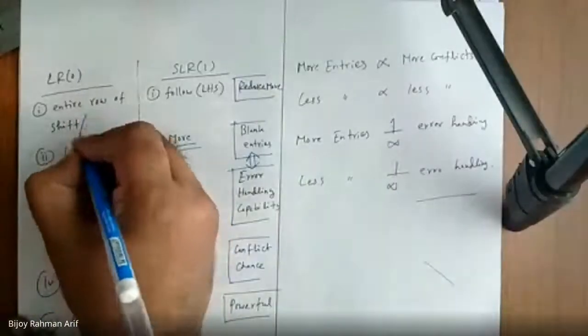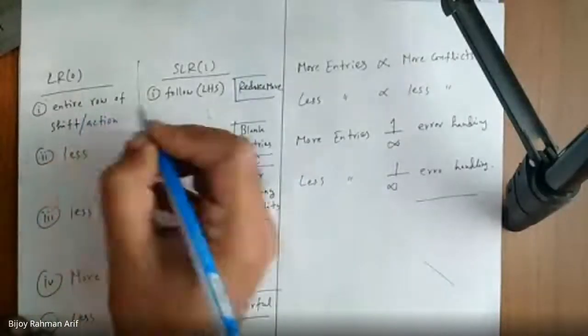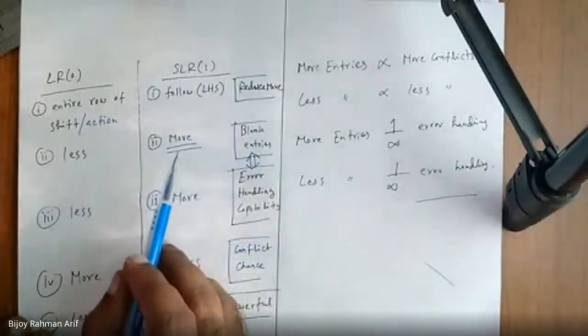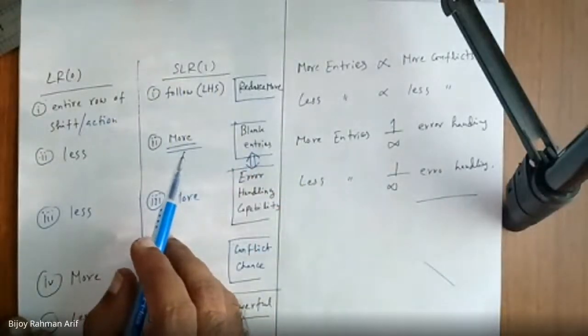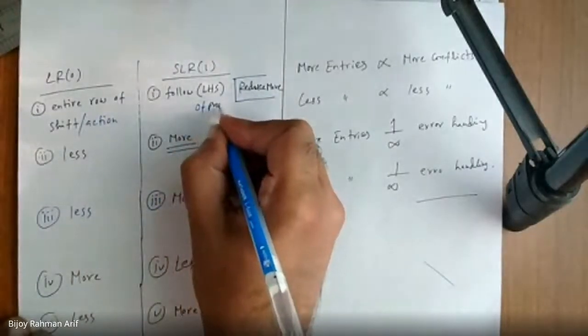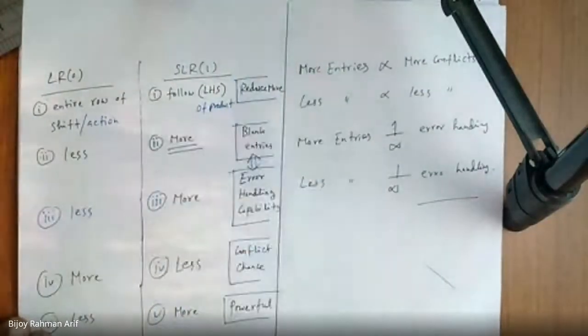That is the most important difference. And what do we put the reduce move in the SLR(1) parsing table? Follow of the LHS of the production.